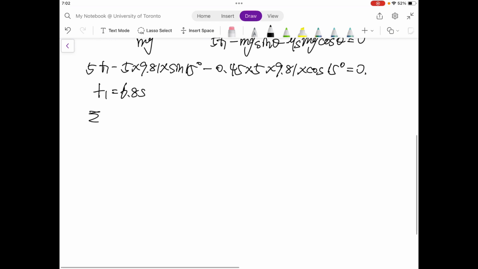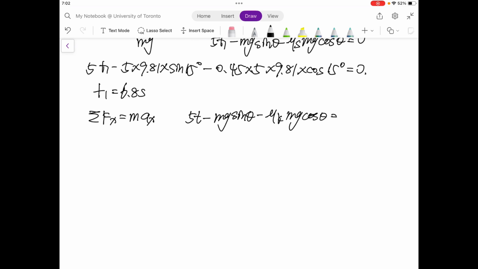So after the block is moving, we have the sum of F equal to ma: 5t minus mg sine theta minus μk mg cosine theta. We need to keep everything except the friction factor and the acceleration. We notice that on the left side of the equation, we just have one variable, that is t.